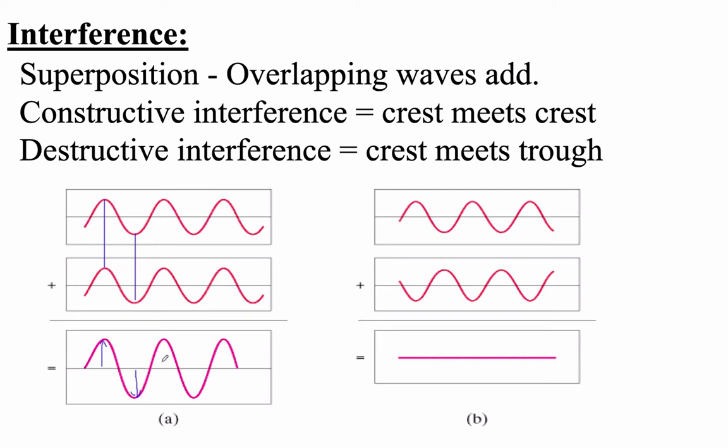We don't get a super tramp though. That's a music group from the 70s and 80s. Anyway, this is constructive, and this is destructive interference, where a crest meets a trough. Here we've got a crest meeting a trough, and a crest on the top meeting a trough on the bottom. If you added these two waves together, you'd get nothing.